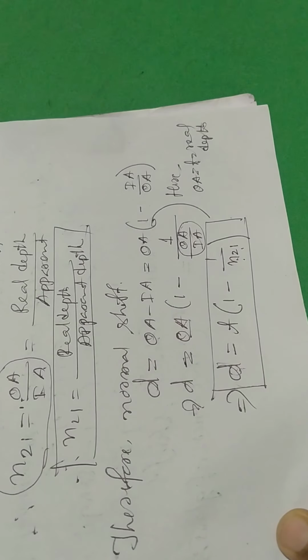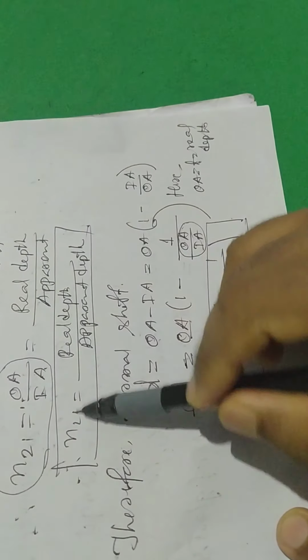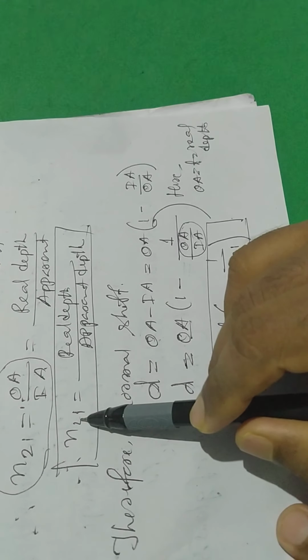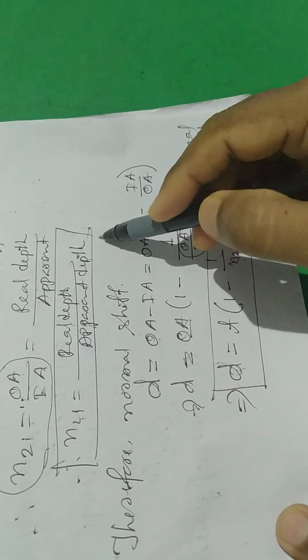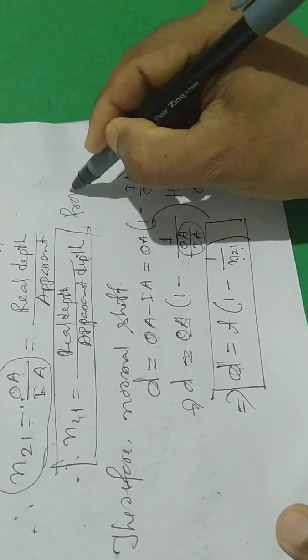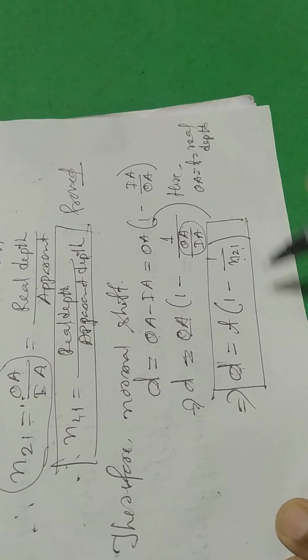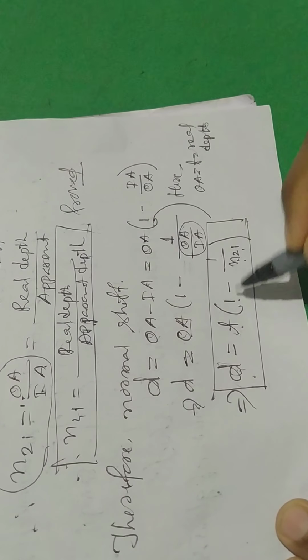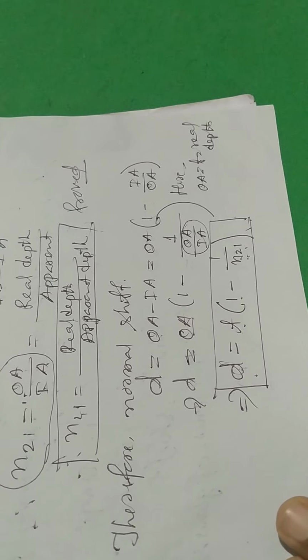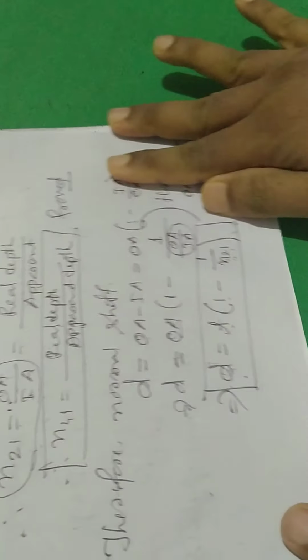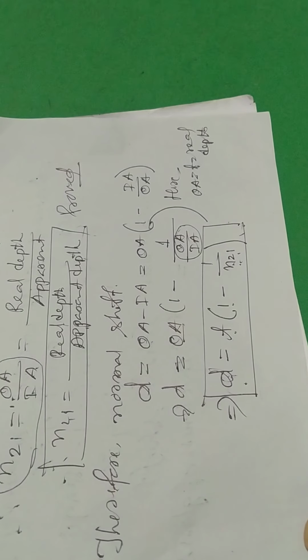This is the required expression. So refractive index is defined as real depth by apparent depth. This is one expression. Another expression is the normal shift, how much shifting: D equals t times 1 minus 1 upon n21. Thank you.